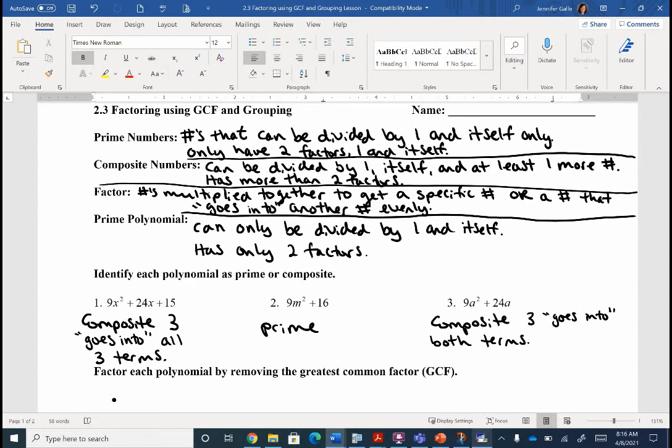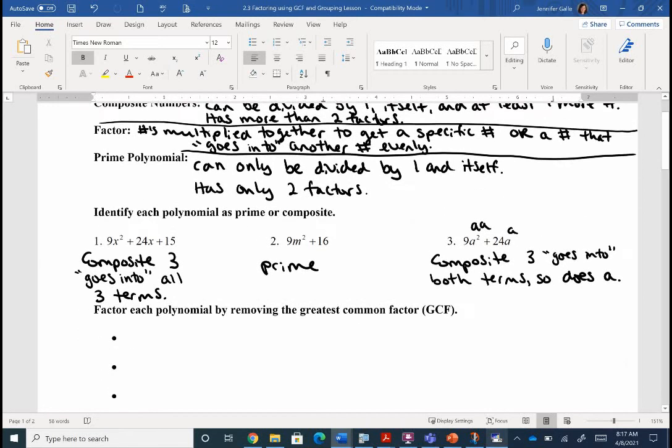A. They also have an A. Both terms also have an A. I know the one is an A squared, but that just means we've got an A and another A. So each term has at least one A. So 3 goes into both terms. So does A. That's 3 going into 24. 24 divided by 3 is 8.